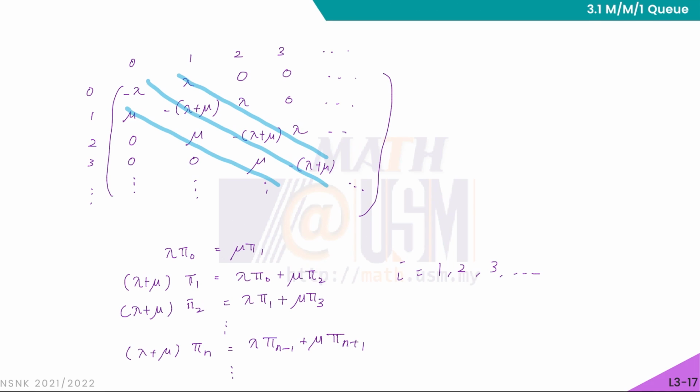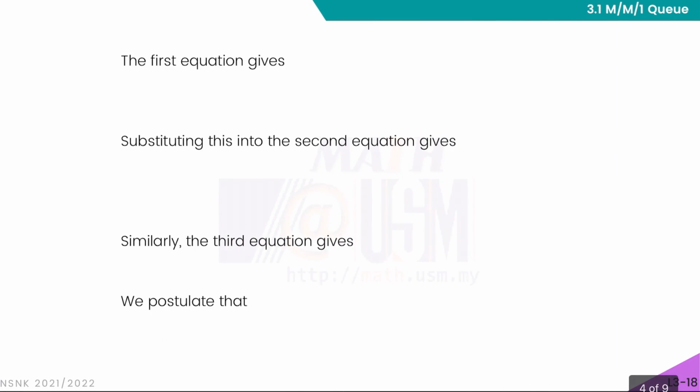Next, let us take our first equation. The purpose of this is that we want to express pi i in terms of pi naught. Our first equation gives us pi 1 equals lambda over mu times pi naught.